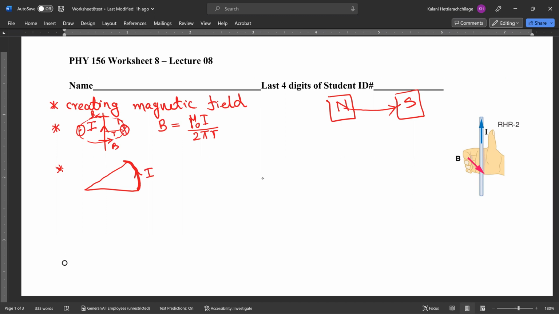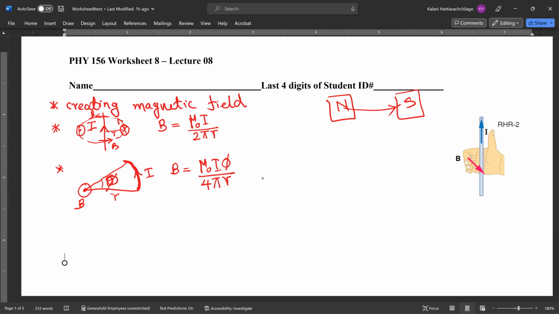In that case, if you have radius r, and you take the angle theta at the center, then this magnetic field will be equal to mu naught I theta divided by 4 pi r. That is the magnetic field at this point. Again, you use your thumb in the direction of the current. That means at this place I have an outward magnetic field, right?